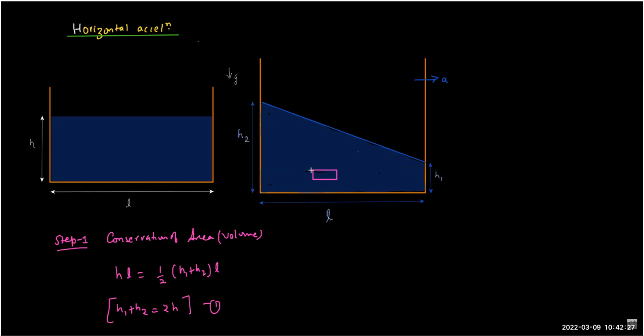Yeah. So we can say that this elementary capsule is also accelerating towards right. And now to accelerate towards the right, you need to have some net force.